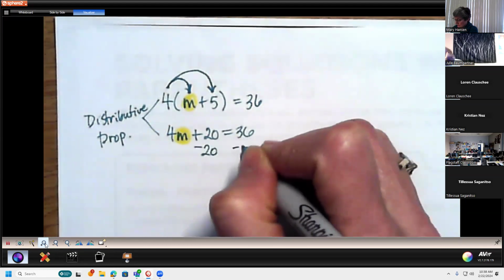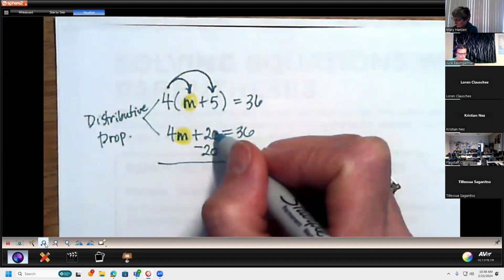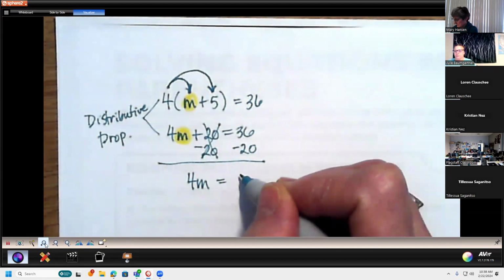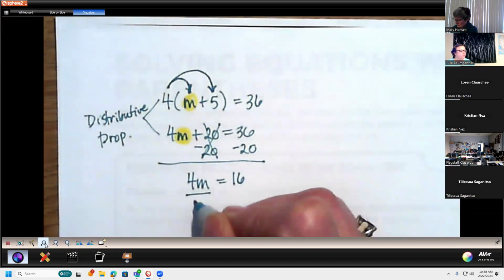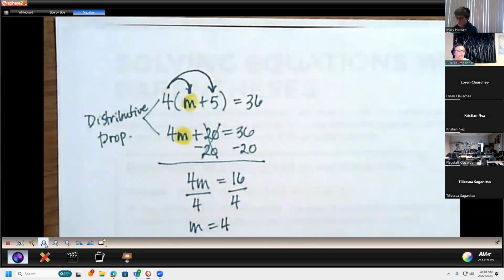Always a good idea to get rid of the 20, whatever's being added or subtracted first. And then divide by 4. And m is 4.